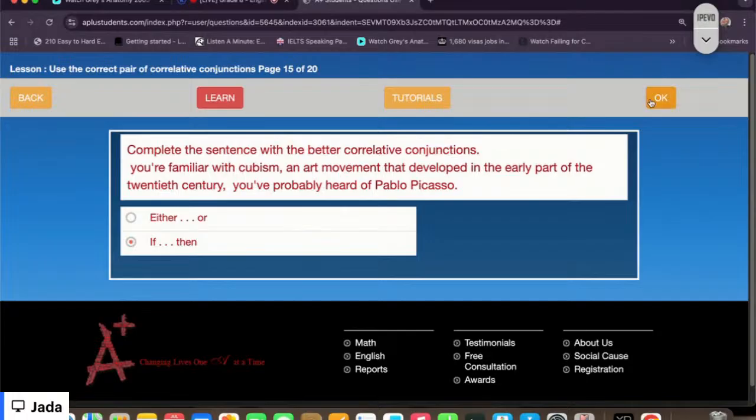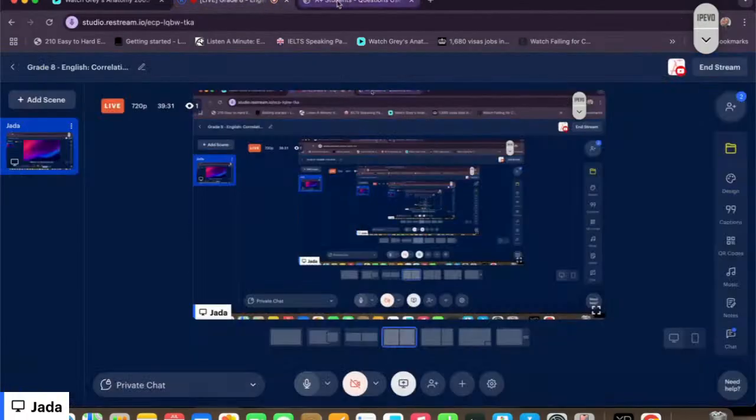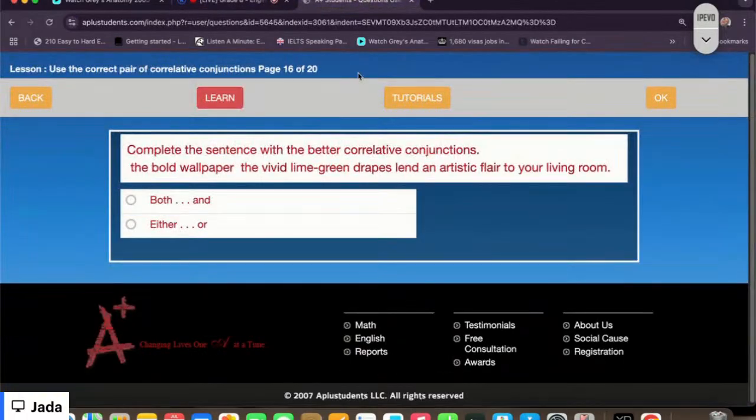So we have if then. So the bold wallpaper and the vivid lime green drapes lend an artistic flair to your living room. So it lends that, first or second?